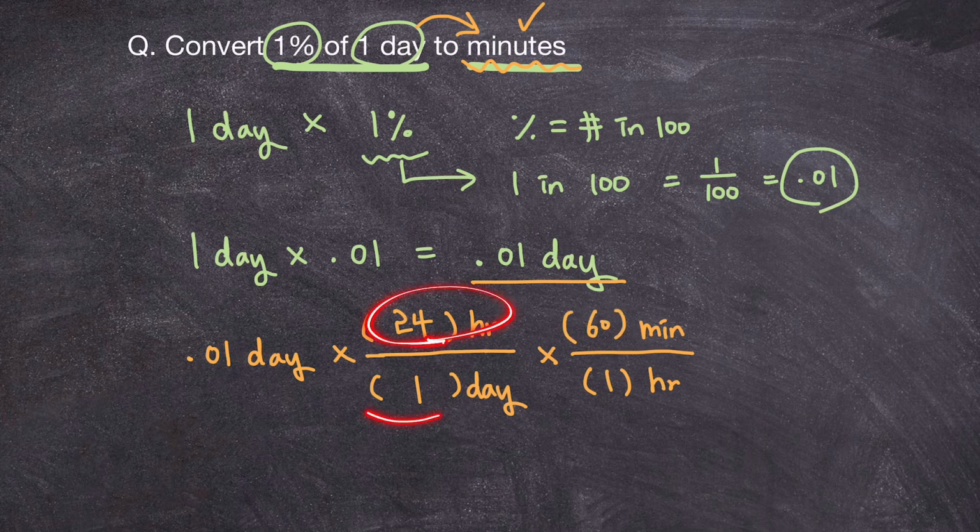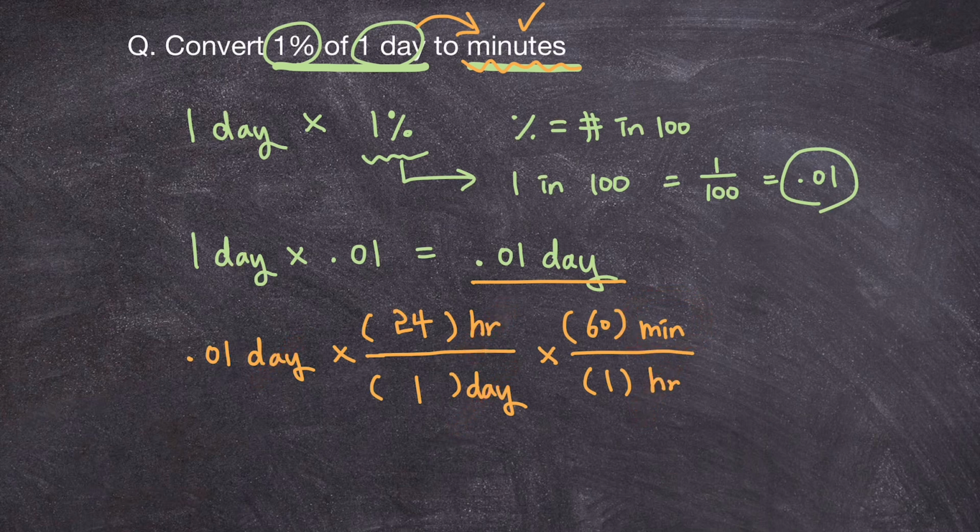So this number is equal to this number is equal to this number, and by multiplying these fractions with units that we want to get rid of in the denominator, we can cross these out and also cross these out and be left with only unit that we want our final answer to have, which is minutes.